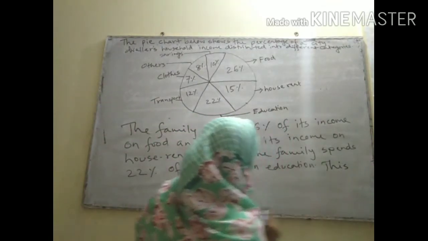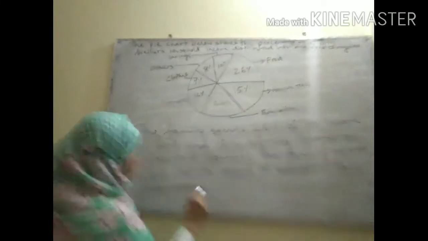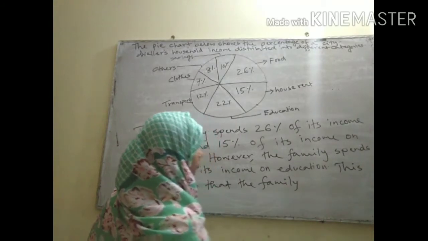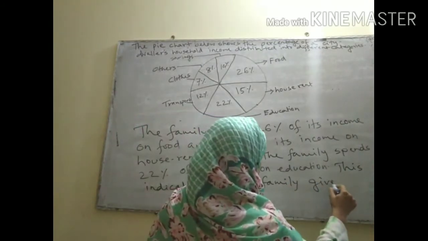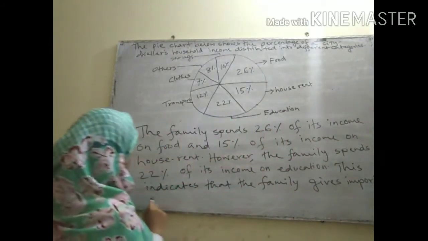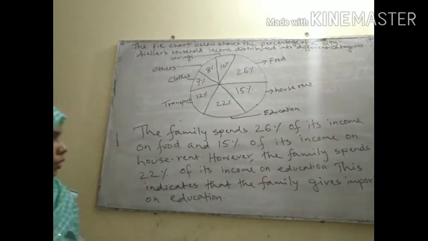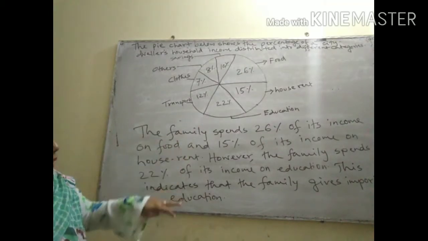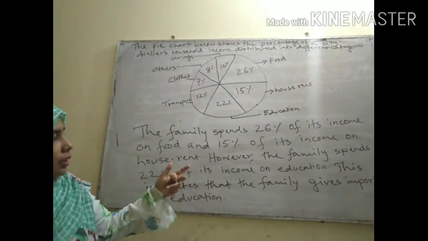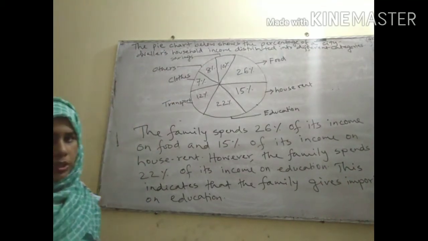This indicates that the family gives importance on education. So according to the chart, this family gives importance on education because they spend 22% of their income on education, and they only spend 7% on clothes.